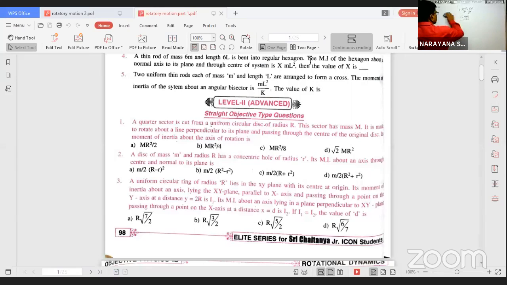The third problem is important for advanced also. Third problem, all of you read that problem.